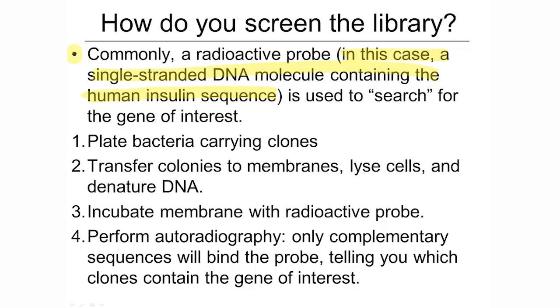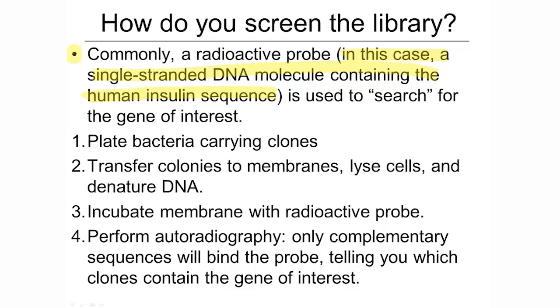It has to be single-stranded because what we're going to do eventually is make the horse DNA single-stranded as well, and that way, even though it's not a perfect match, the human gene will hybridize, cross-hybridize with the horse DNA because they're similar enough, certainly as compared with any other sequence in the horse genome. So that's what the probe is.